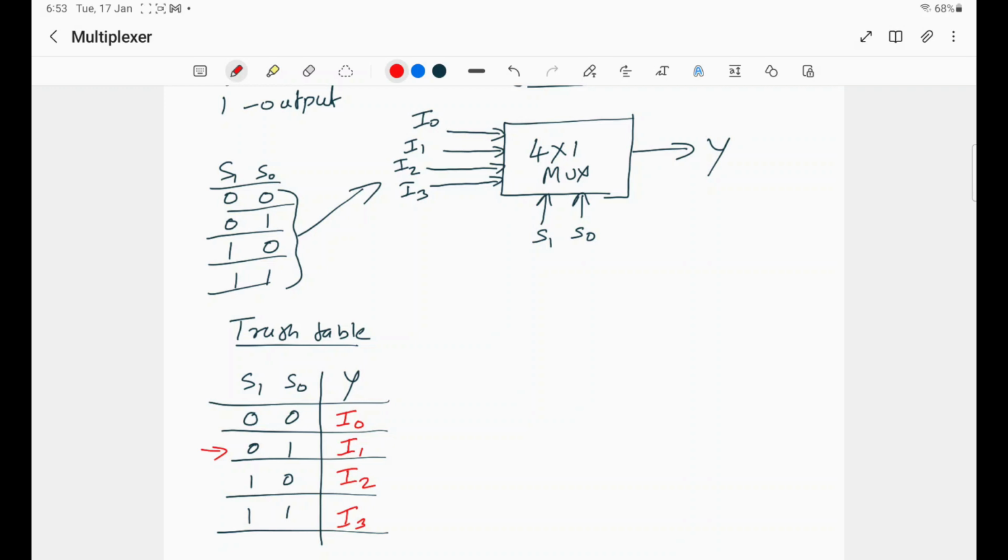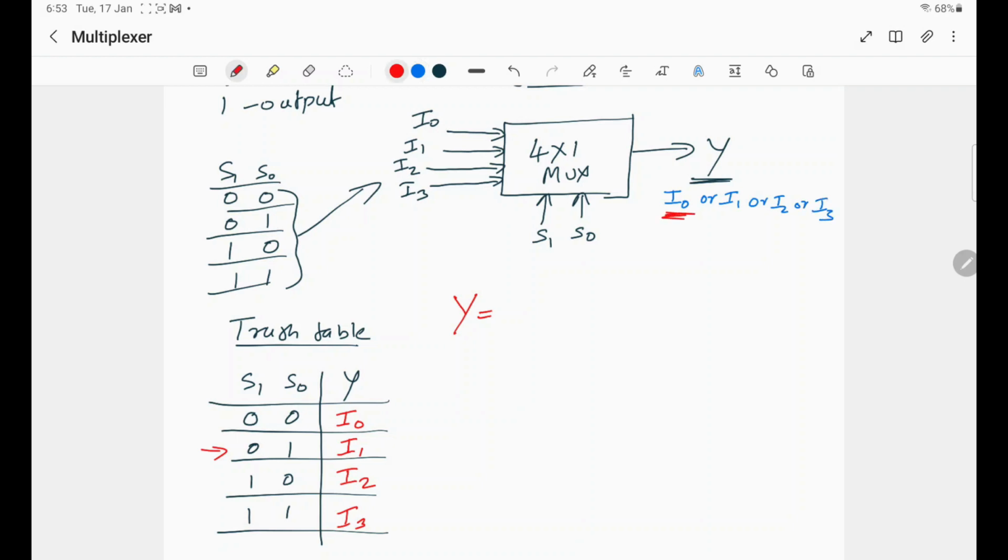Now we will write the equation of output y. In the output y, we will get all the inputs, isn't it? We will get I0 or I1 or I2 or I3. We will get all the inputs.